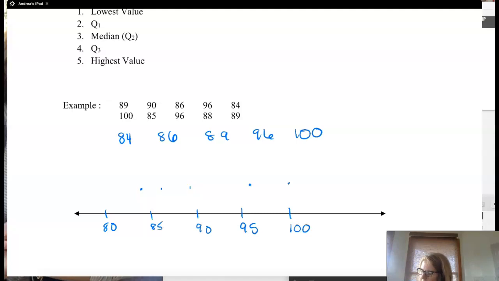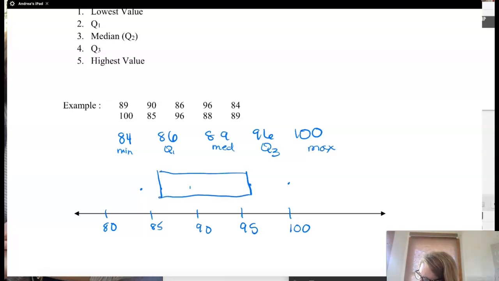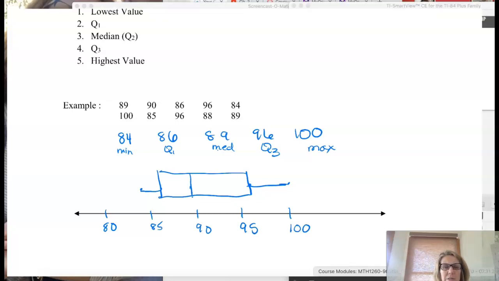The box goes around Q1 and Q3. So this is my min, this is Q1, this is my median, this is Q3, and this is my max. So Q1 and Q3 are my box, and then we draw a line straight through the median at 89, and then we draw these lines that are called whiskers out to the min and max. This is called a box and whisker plot.